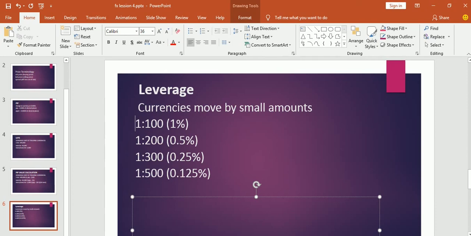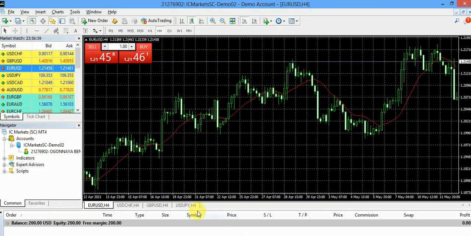Back to this place. This is what you want to buy. Assuming you want to buy one lot of this now. You see the ask price here. You are pairing your USD with euro and you want to buy. This is 1.21461.